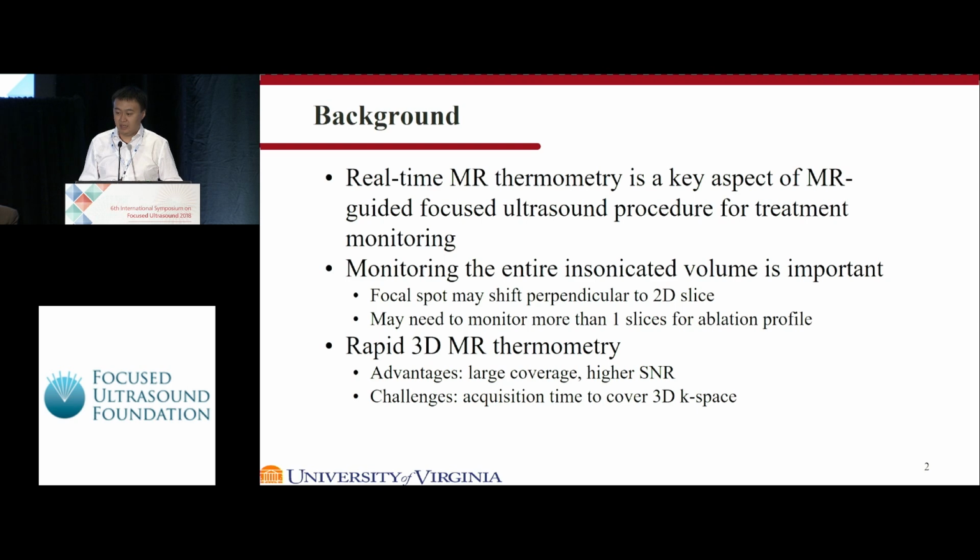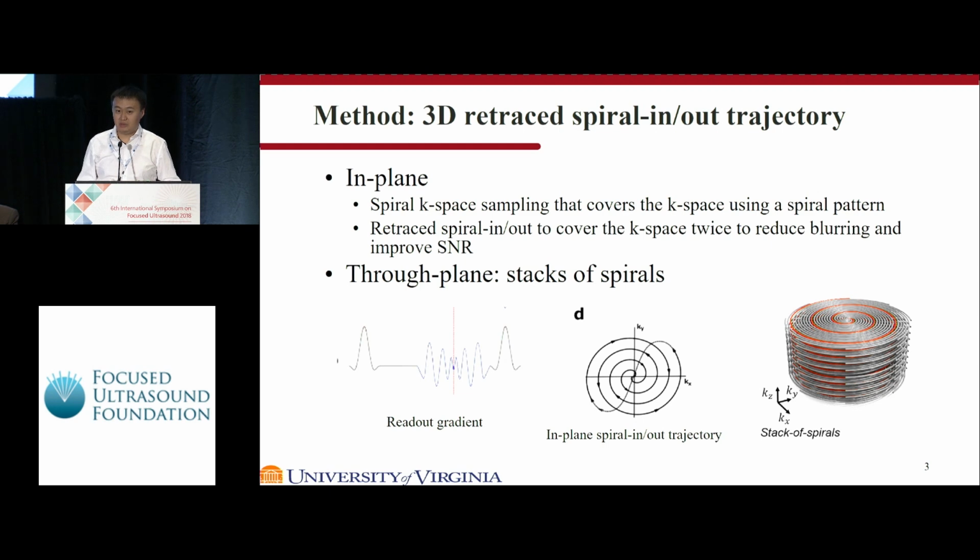However, the challenge is the acquisition time to cover the entire 3D k-space. The method we are using in this study is the 3D retraced spiral in-out trajectory. For 3D k-space, we have to cover the in-plane and the through-plane, or kx, ky, and kz.